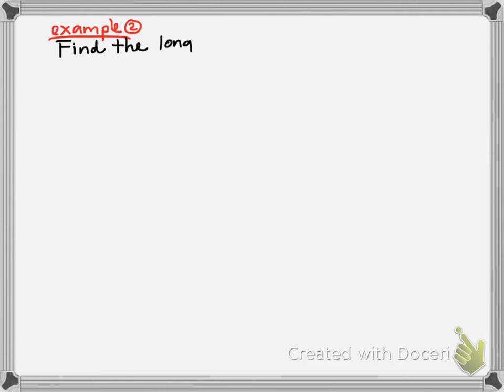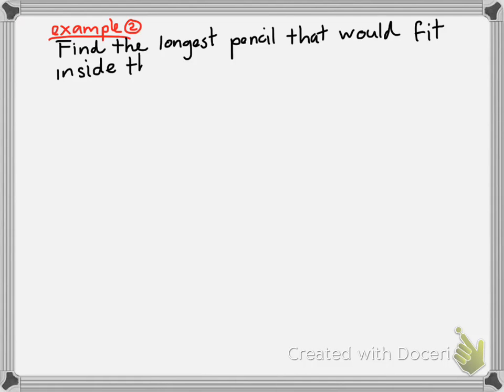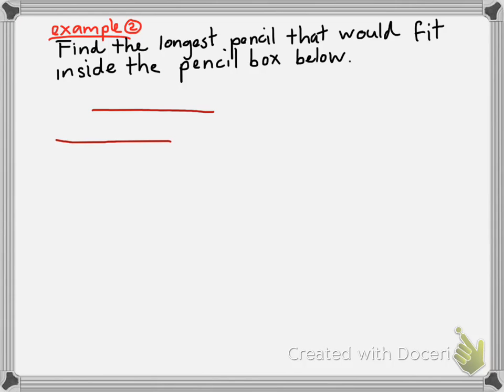In the next example, we're going to find the longest pencil that would fit inside the pencil box shown below. So again, we're going to draw a 3-dimensional rectangular prism or box as a 2-dimensional figure, and we're going to draw a parallelogram again. So we draw one horizontal length, and the same length displaced slightly.